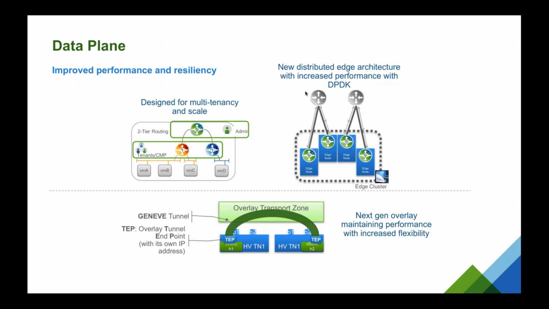Well, and the last picture on the bottom just shows that we are using encapsulation, obviously, to build those logical networks, those logical switches. This encapsulation is different from what we do with NSX for vSphere. We're using another encapsulation protocol, which is called Geneve, which is currently a draft standard, close to being finalized.